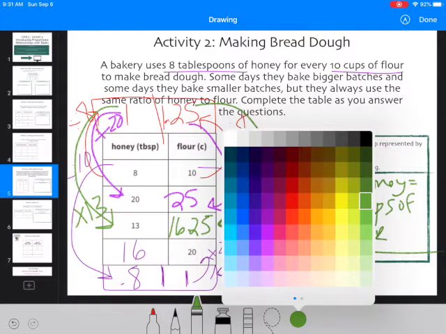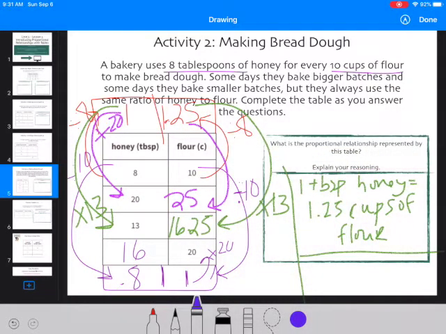I said that it could also be 8/10 of a tablespoon of honey is equal to 1 cup of flour. So there were 2 different relationships, but they're exactly the same. They're proportional. So that means that they're equivalent to each other.